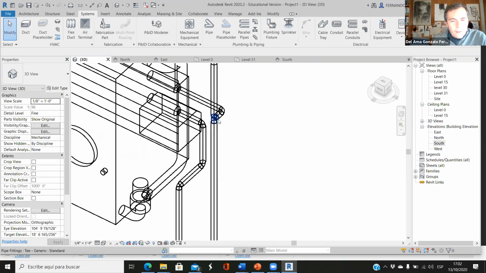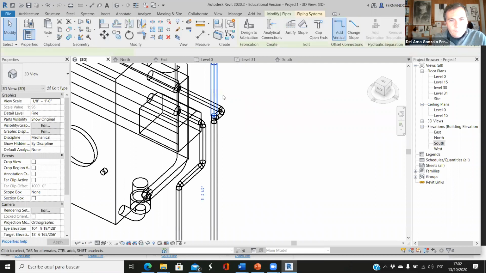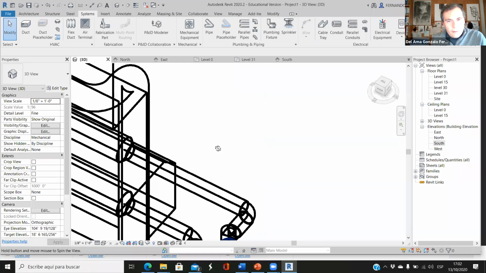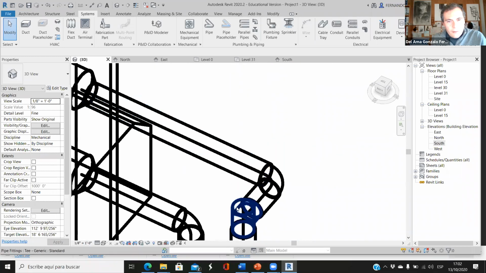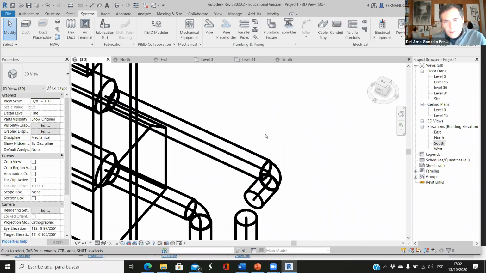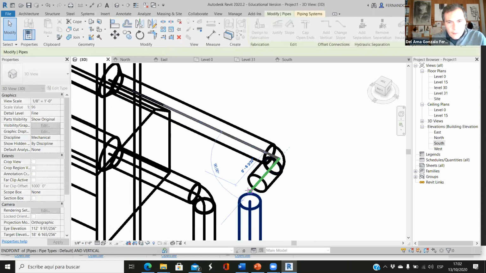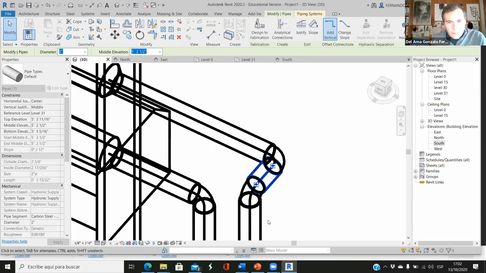Well, oh, look at this. If you connect this, you have a T. So you see that this is not an elbow, this is a T. So we get rid of it and then we drag it and now we have the elbow.